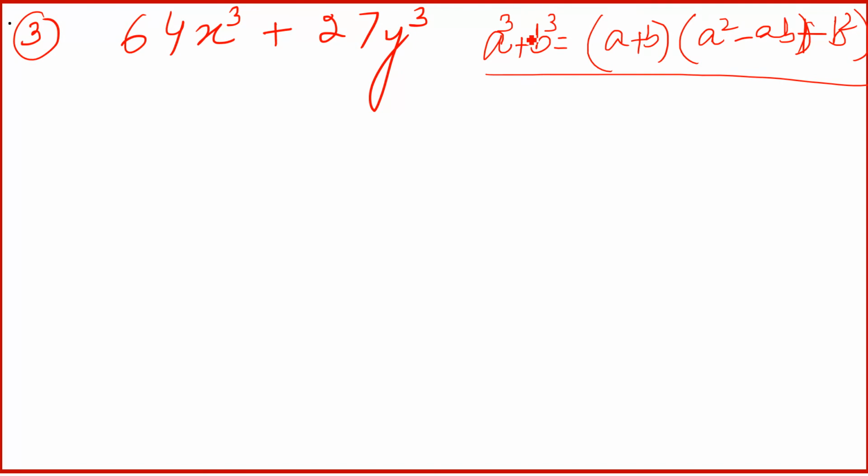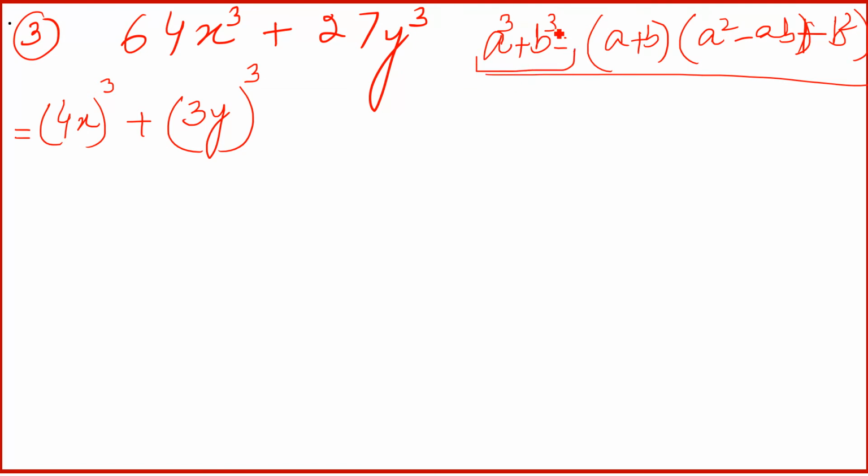First we have to make the cube. 64 is the cube of 4x whole cube, and then 27 is 3y whole cube. You can check it. 3 multiplied by 3 multiplied by 3, you will get 27. 4 multiplied by 4 multiplied by 4, it means you have 4 three times, you will get 64. So this portion we made it.